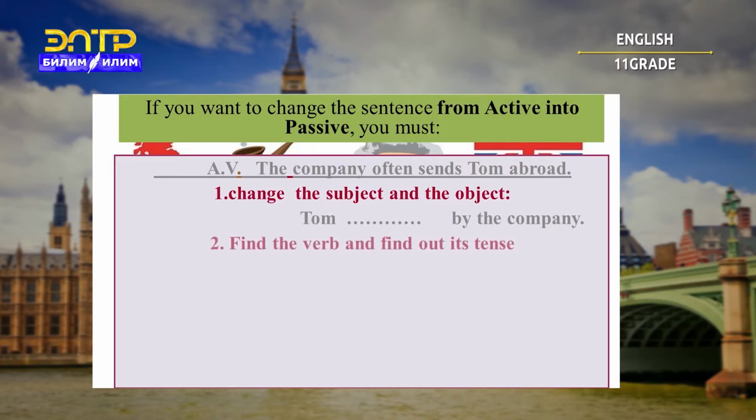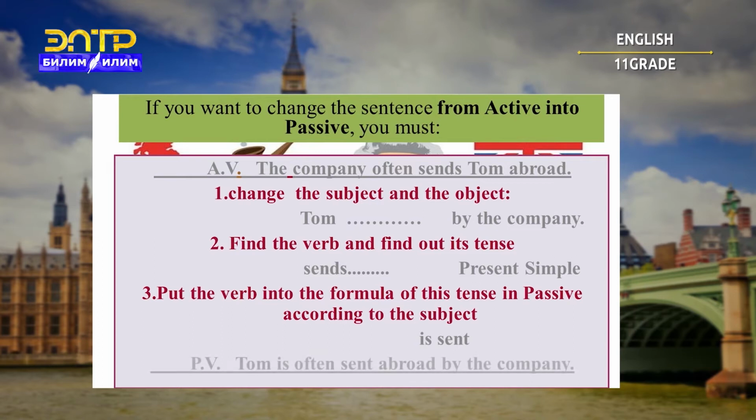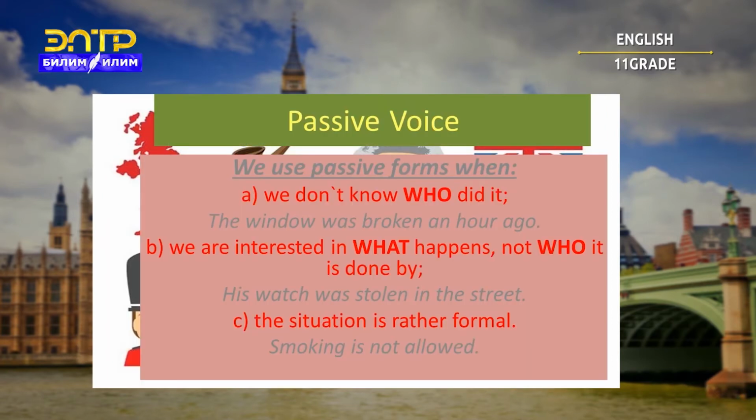Second, find the verb and find out its tense. We use sends in present simple. Third, put the verb into the formula of this tense in passive according to the subject: is sent. And we have in passive voice, Tom is often sent abroad by the company.